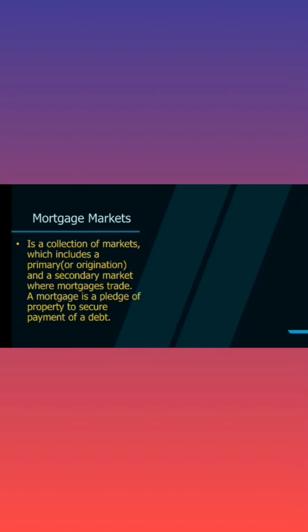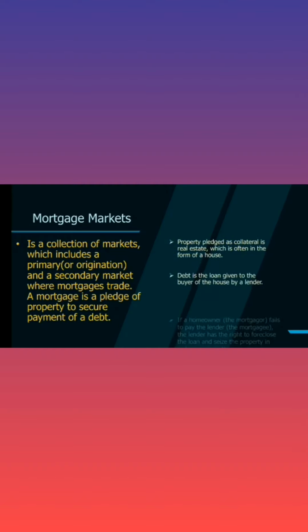So next is mortgage markets. It is a collection of markets which includes a primary or origination and a secondary market where mortgages trade. A mortgage is a pledge of property to secure payment of a debt. Property pledged as collateral is real estate, which is often in the form of a house.